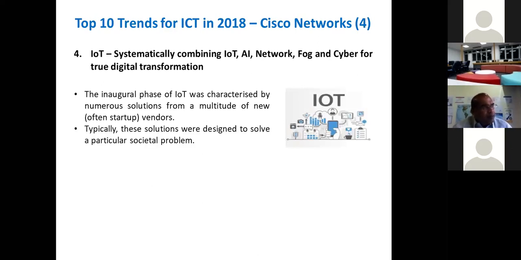Okay, so the Internet of Things has been there. Basically, we had connected our computers, our laptops, and most of the devices to the internet. But that was not enough. We wanted to connect everything else. We wanted to connect our refrigerators to the internet so that we are able to control them remotely.